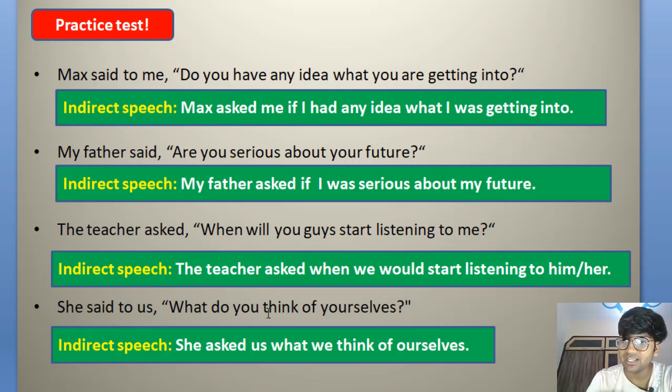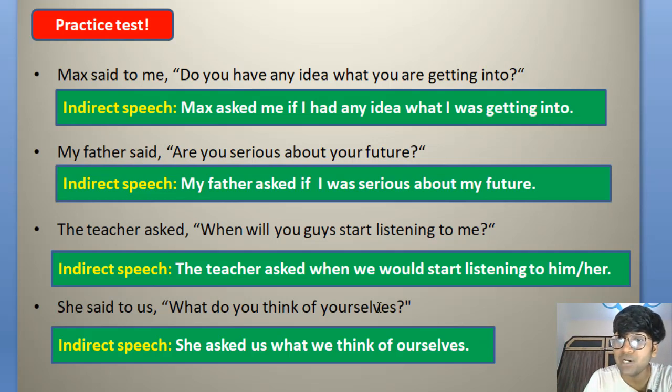Next example, last example. She said to us, "What do you think of yourselves?" Not a question you can answer in simple yes or no. She asked us what. If it is "I", how can I say "yourselves"?